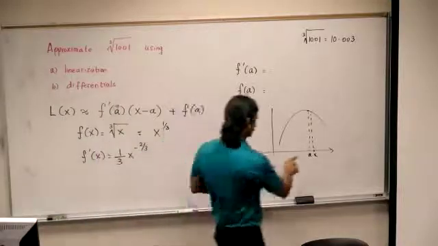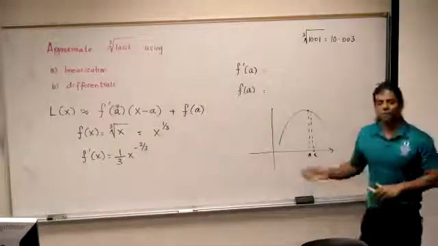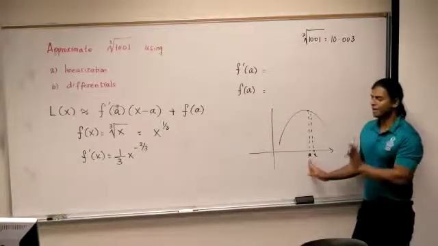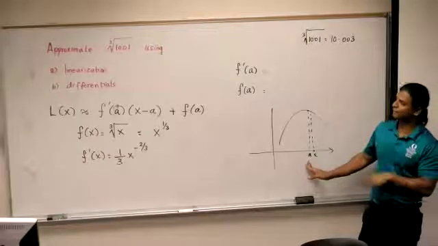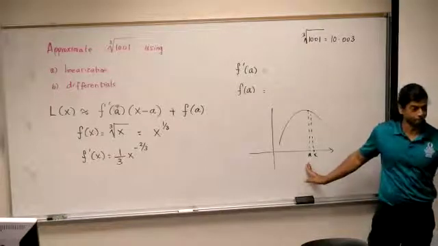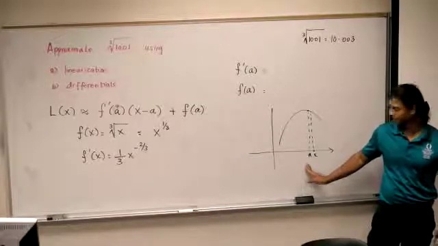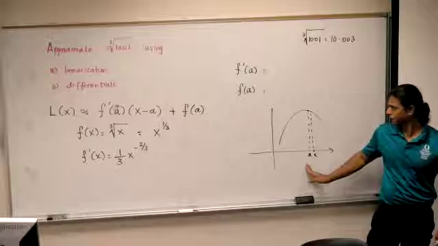Last time I said x has to be in the neighborhood of whatever a I pick, right? So what number would you pick so that you can find 1001?